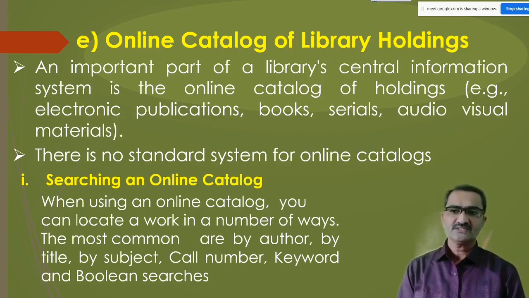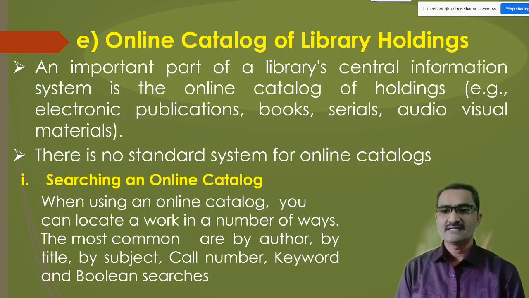We have discussed all these types of searches in the last lecture, where we have discussed how you can search the available material or resources for your research with the help of author name or title of the text or subject area or call number, keywords, or Boolean searches.